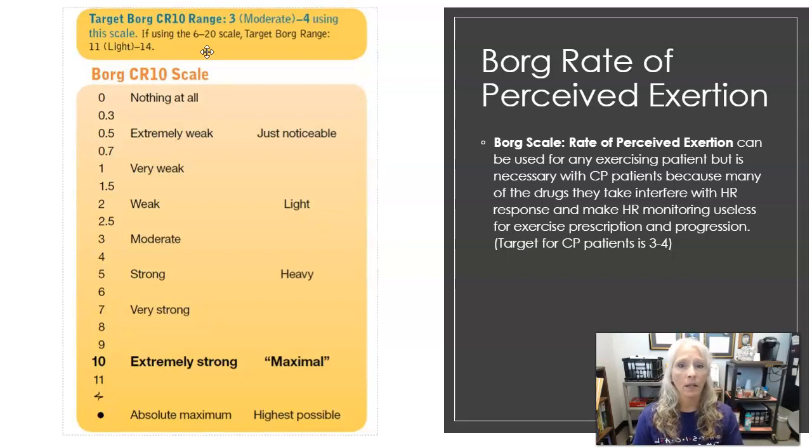And it's been found through research that when a patient is able to give you what the exercise feels like to them, does it feel like it's weak, moderate, strong, very strong, or extremely strong maximal exercise, they're usually pretty much on the mark.